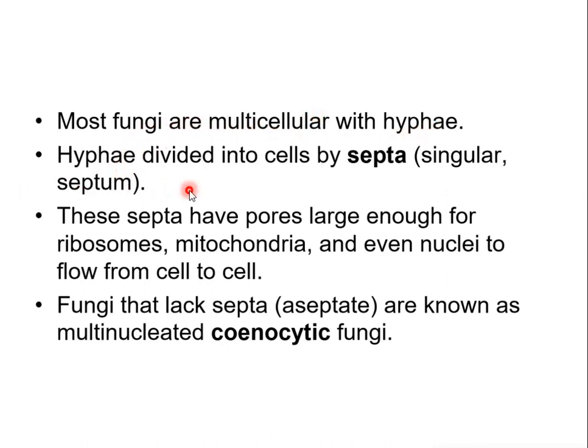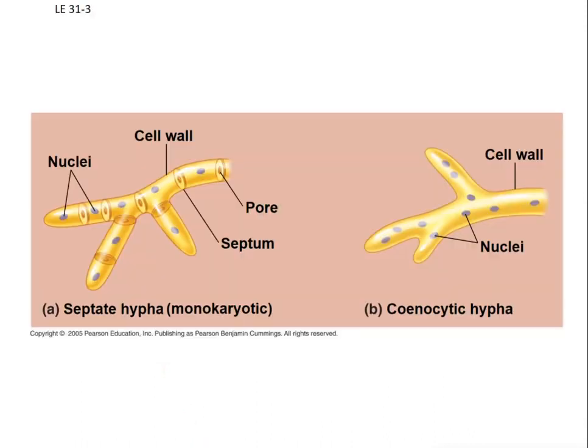The hyphae are divided into cells by septa, or septum. You can see that this is the whole hypha, divided into cells by septa. This is one septum, this is another septum, this is another septum.